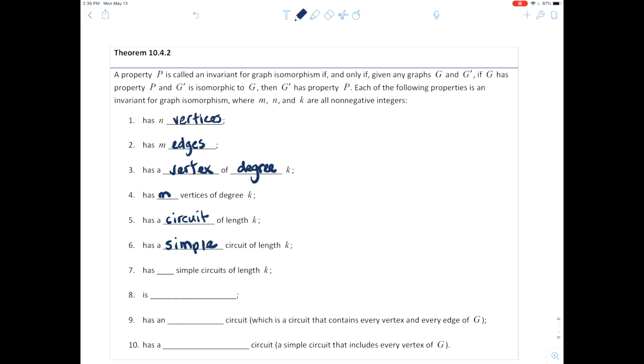Has m simple circuits of length k, is connected, has an Euler circuit, and has a Hamilton circuit. So these are just special circuits. An Euler circuit is a circuit that contains every vertex and every edge of the original graph G, and a Hamilton circuit is a simple circuit that includes every vertex of G. All right.